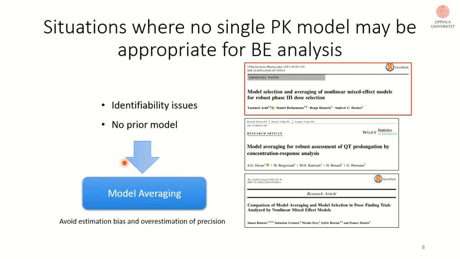We have multiple models that we predefine in order to evaluate the bioequivalence data, and then we use all of those models in the assessment of bioequivalence afterwards. This allows us to avoid, or at least mitigate, estimation bias or overestimation of precision in our models and parameters.